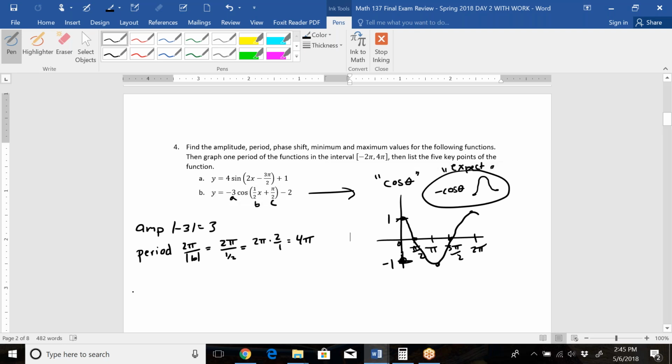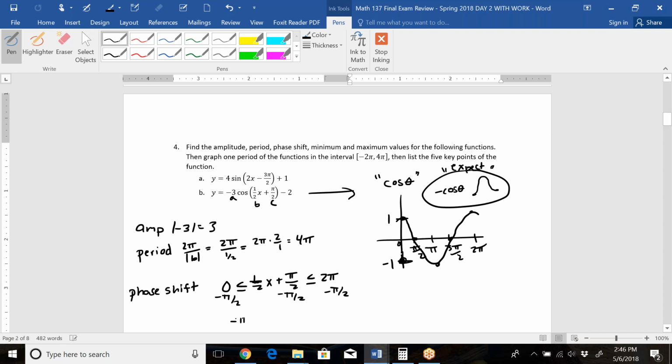Our phase shift, now a lot of people do the negative c over b formula. I like to find my start and my end, so I actually use the way of placing it between 0 and 2 pi, since that is our standard period for cosine. And then you solve this for x, essentially. So we'll subtract pi over 2 from all the sides.